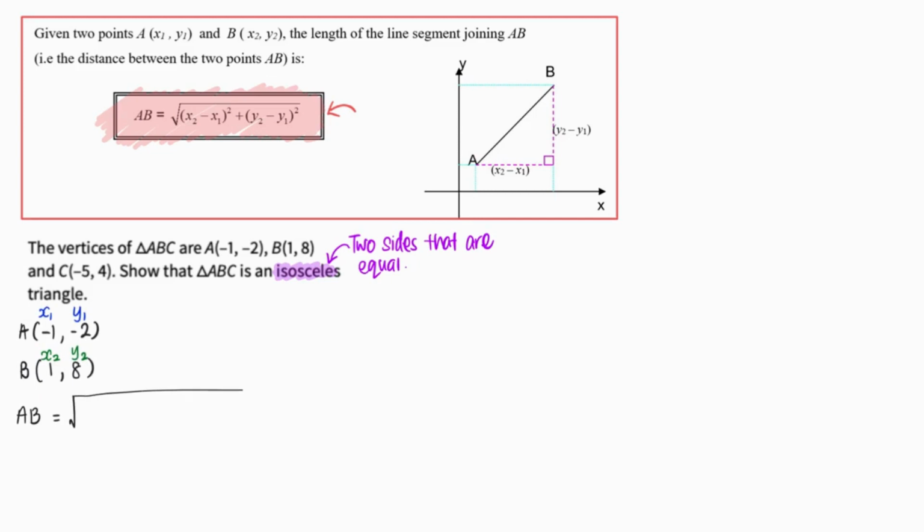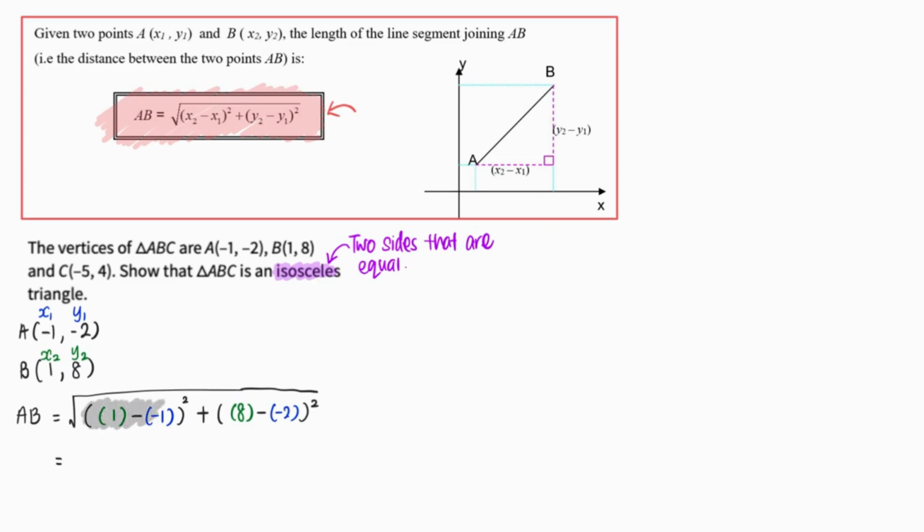because then I would always remind myself to do this, so that when I try to find the length, I will not make careless mistakes. This is the square root of x2 minus x1, so x2 will be 1 minus negative 1, bracket square, plus 8 minus negative 2, bracket square, and this will give me a value of, again, the square root of a number.